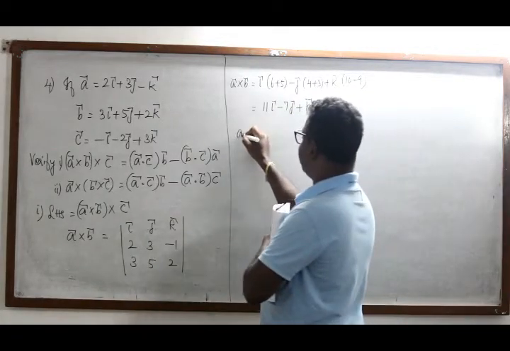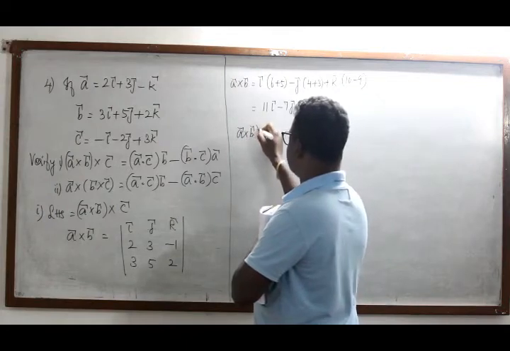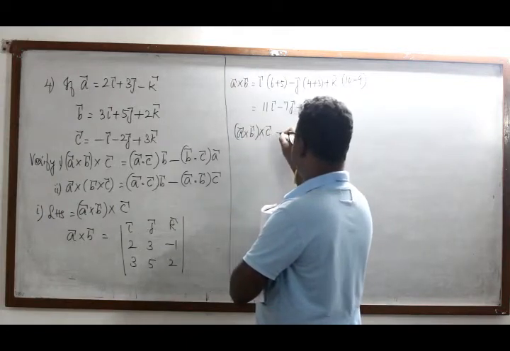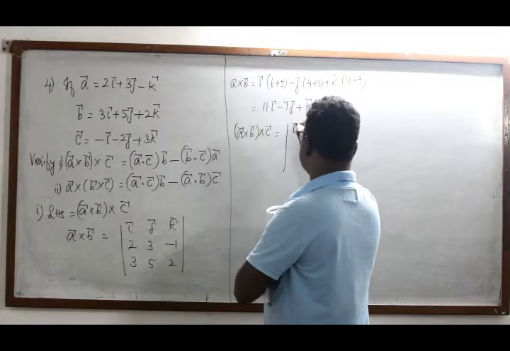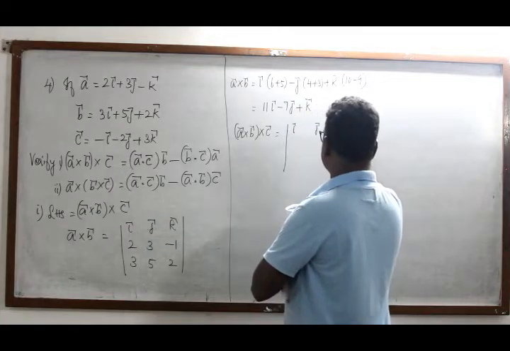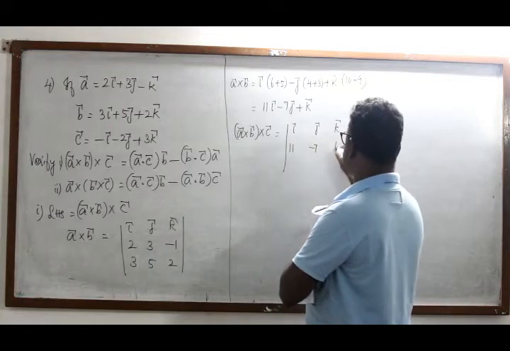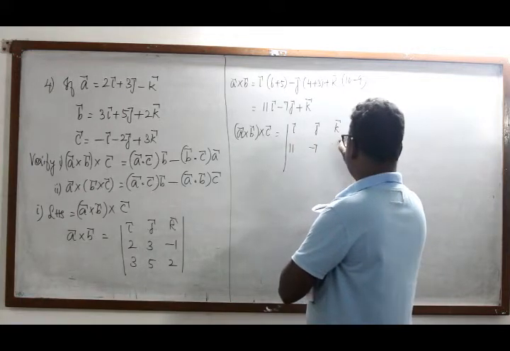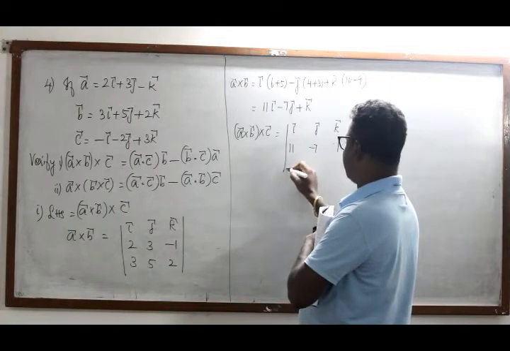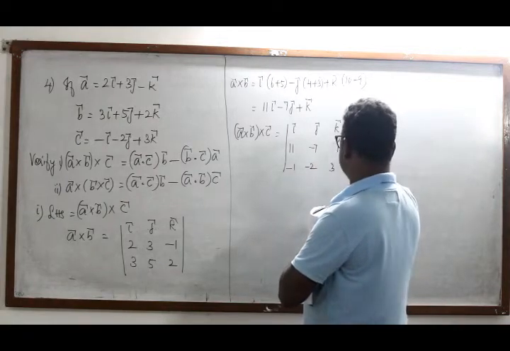Now, I need A cross B cross C vector. That means again determinant i, j, k. A cross B we found, so it is 11, minus 7, 1. And then C vector is minus 1, minus 2, 3.